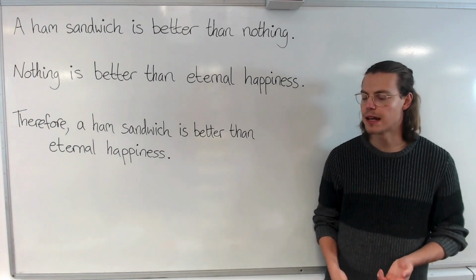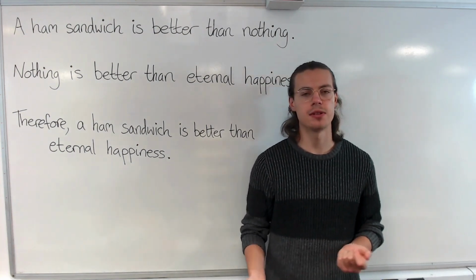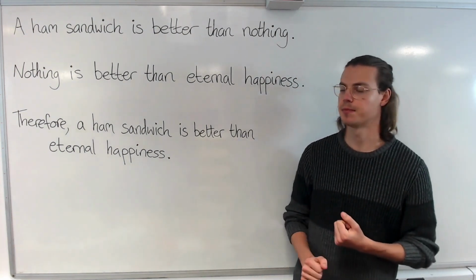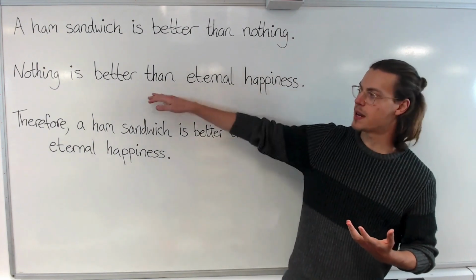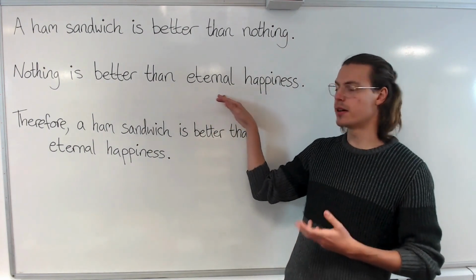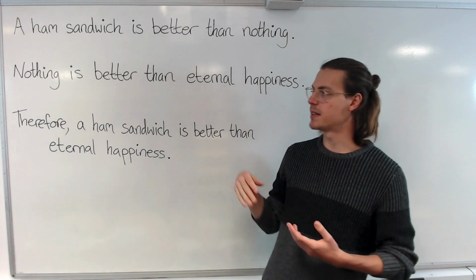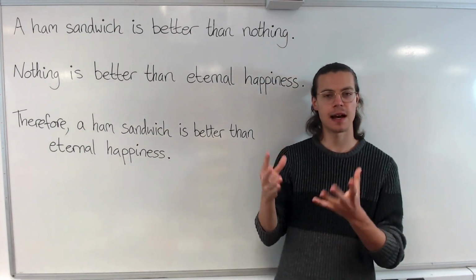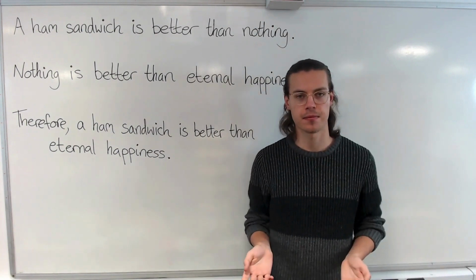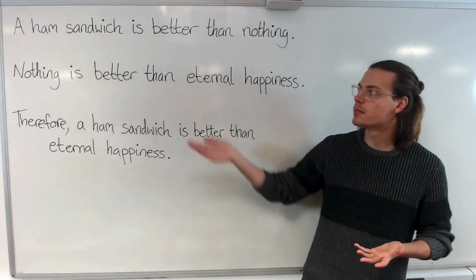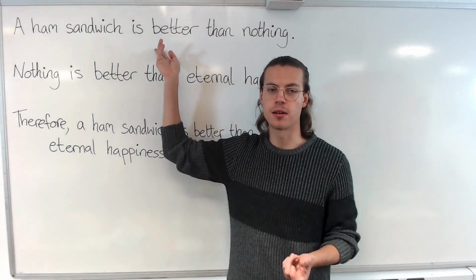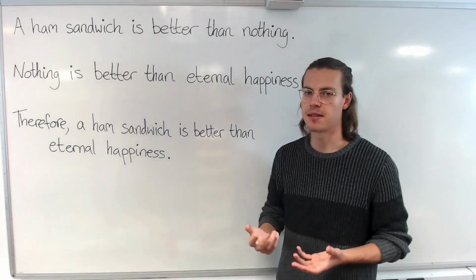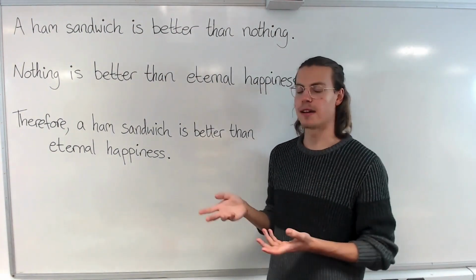The issue here is that the word nothing is being used differently in the two premises. To say that nothing is better than eternal happiness expresses that eternal happiness is the object with the highest value out of everything. To say that a ham sandwich is better than nothing simply expresses that a ham sandwich has some value.